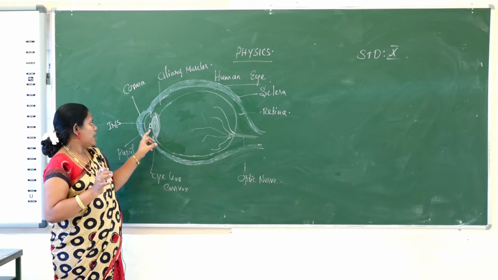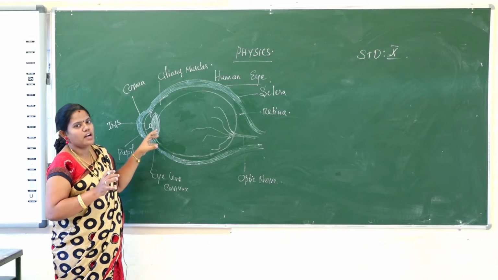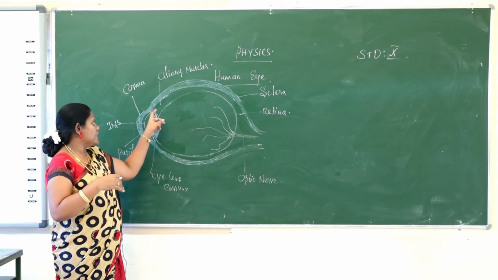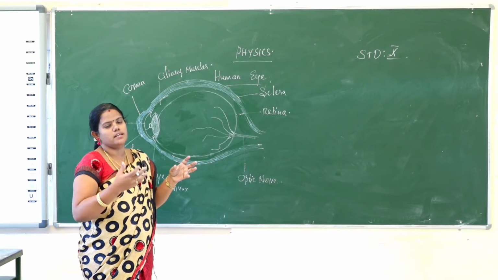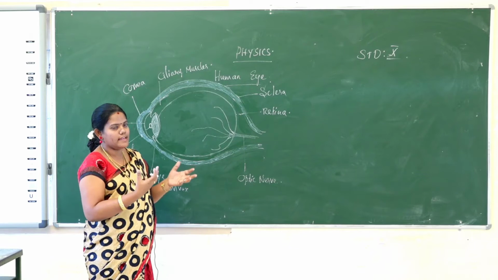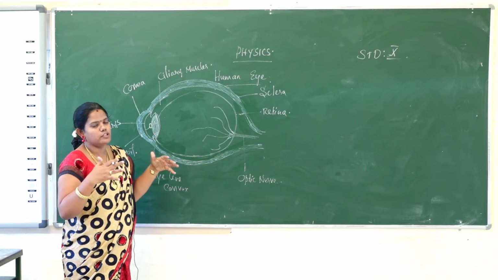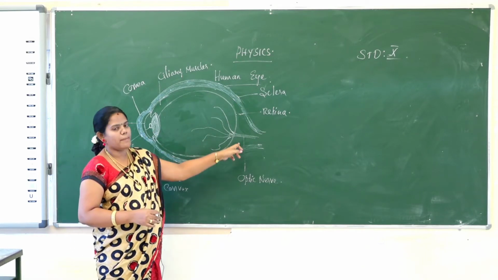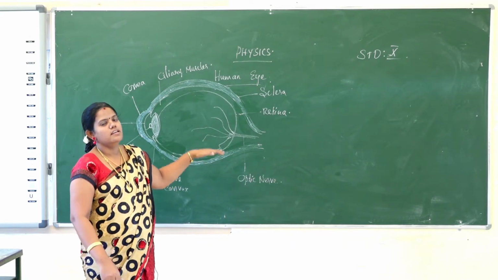Then the light entering the lens is converged, and the ciliary muscles adjust the lens to alter the focal length of the eye lens. All the light is converged to a single point on the retina, and the retina views the inverted image only.